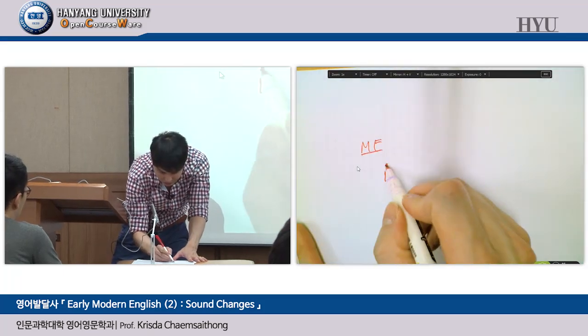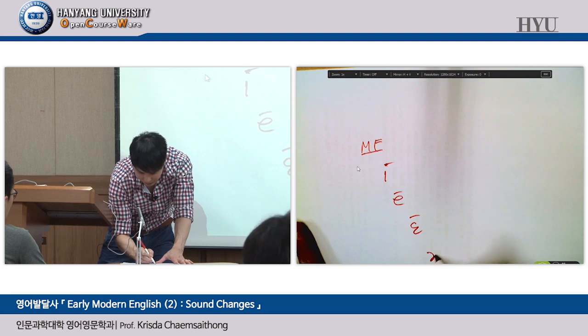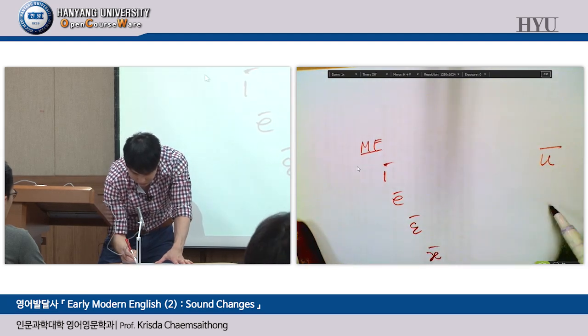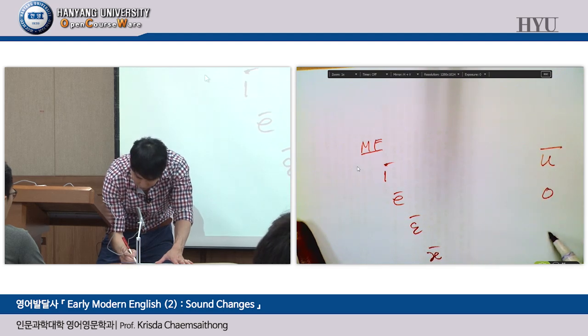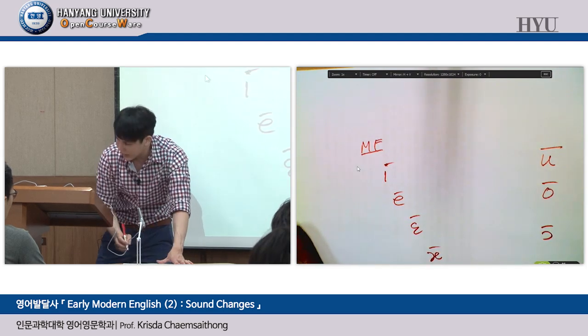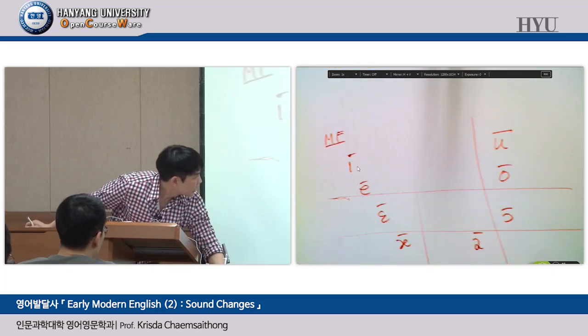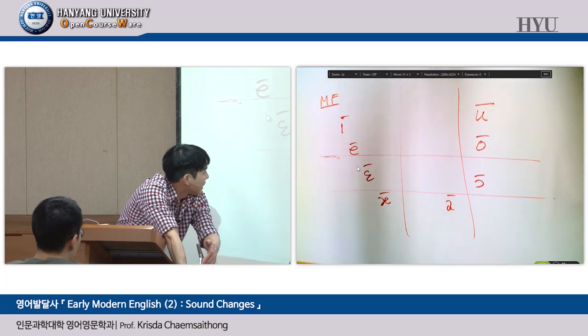So you have E, A, and then U, and then O, like this. This is the situation in Middle English, right?